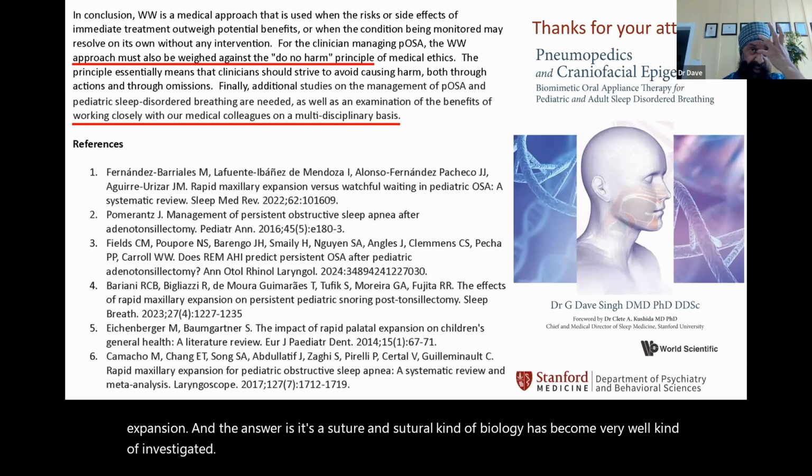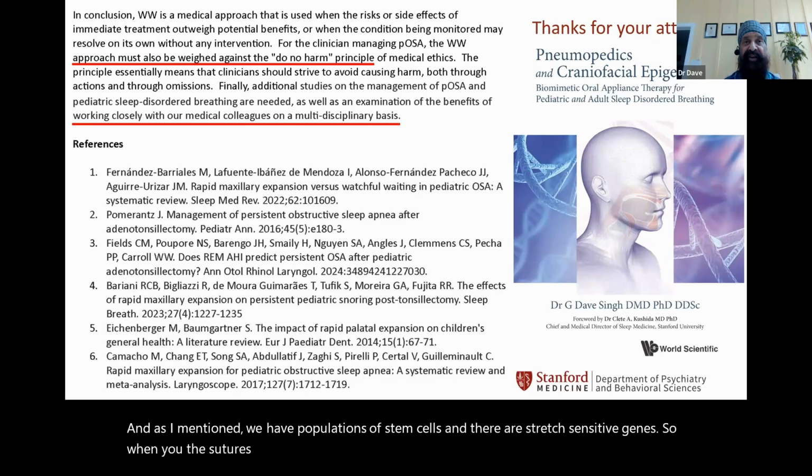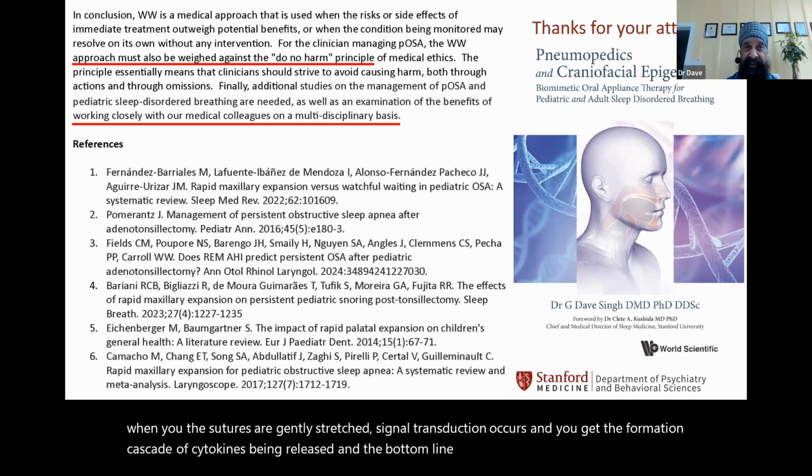As I mentioned, we have populations of stem cells, and there are stretch-sensitive genes. So when these sutures are gently stretched, signal transduction occurs, and you get a cascade of cytokines being released. The bottom line is that you get osteogenesis, the formation of new bone.